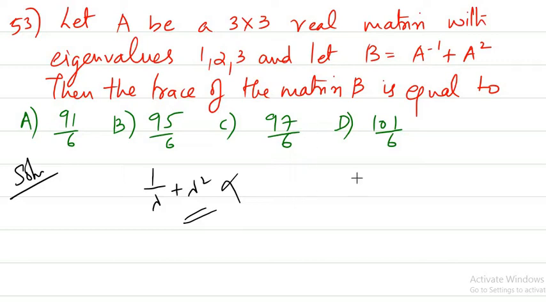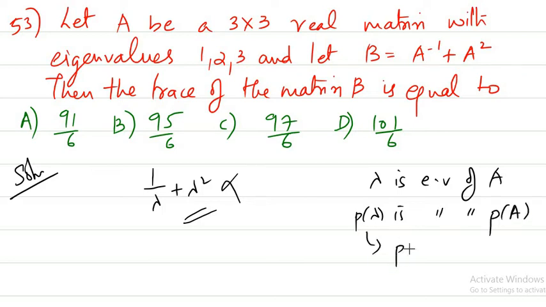I told you that if lambda is an eigenvalue of A, then P of lambda is an eigenvalue of P of A, provided P is a polynomial. That has to be kept in mind. Here it is not true, but we are going to use something similar to solve this problem.